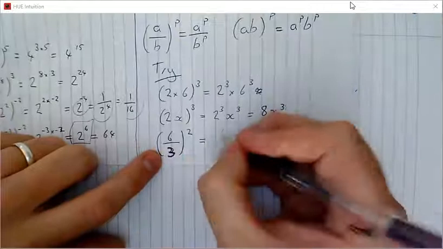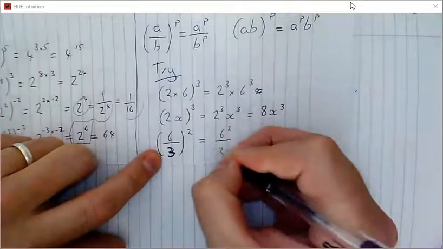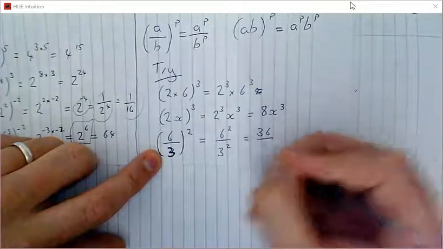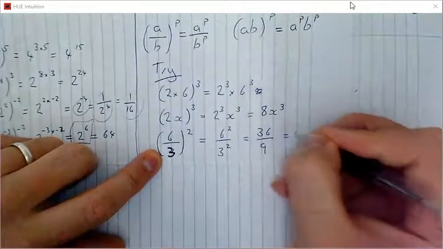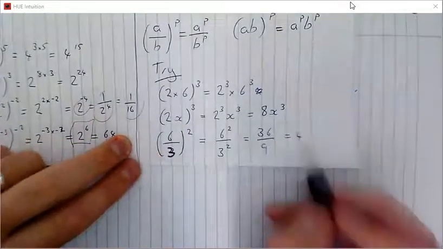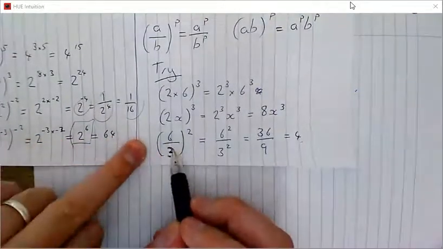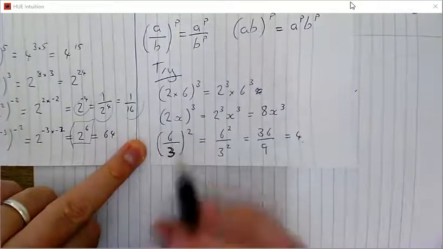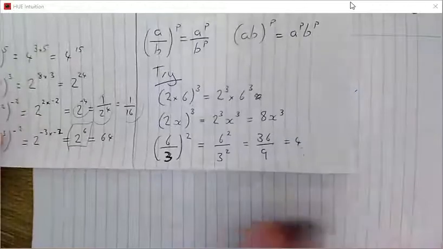And here, hopefully it said 6 squared over 3 squared. And that's easy to work out as 36 over 9. And 9 goes into 36 4 times. Now I picked an easy one there because if you come back over here, 6 over 3 is just 2. So that's 2 squared. Well, 2 squared you can see is 4. So that's come out right. And you know it's come out right.